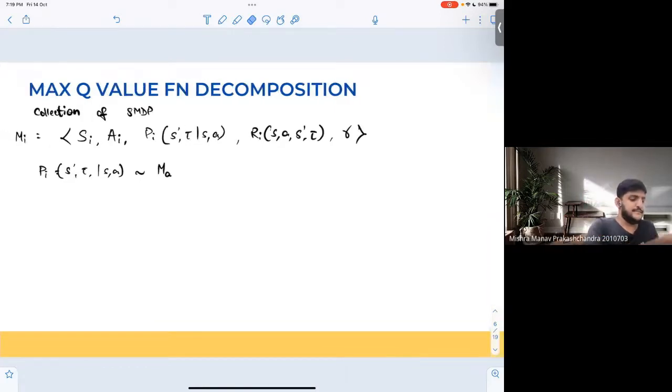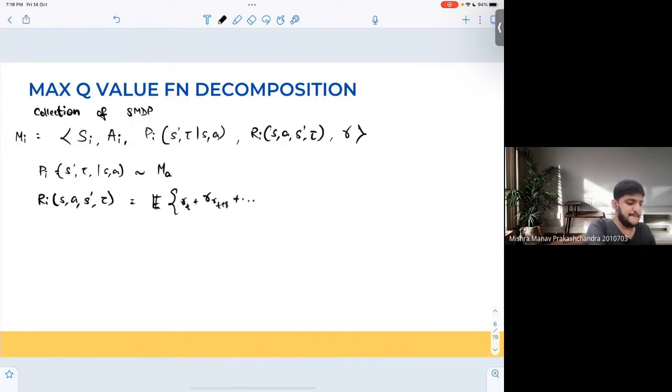And similarly, my rewards are nothing but, as per the earlier definitions, the expectation of all the rewards that you get, discounted by the parameter gamma, when the initial conditions are that you are in state S and you're taking action A and you're following your policy pi, right?